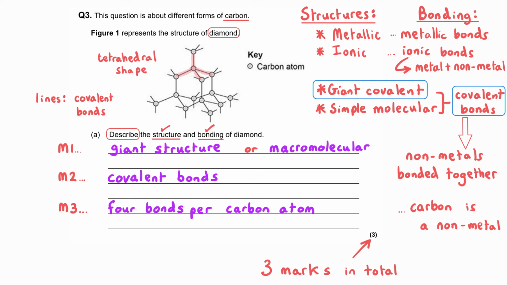And so that means that each of the carbon atoms have 4 covalent bonds coming out of them. Even the end ones, even though we're not shown all of the carbon atoms that this one is bonded to, we do still see 4 lines coming out of the carbon atom. And so if you see a line in a diagram like this, these are covalent bonds.